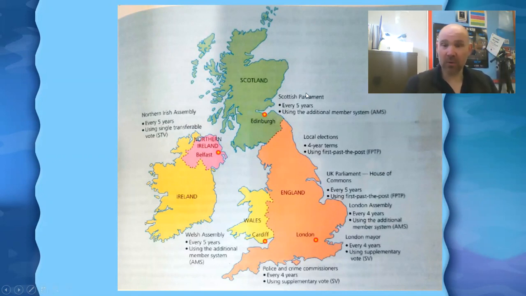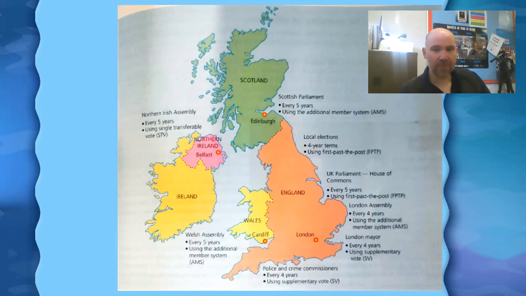The Scottish Parliament also uses AMS, and then the Northern Irish Assembly uses something completely different called STV. So let's just go around the system there. We have, I think, 4 systems used in the UK. And when we were a member of the EU and we had European elections as well, we had another system called the party list, which I want to talk to you about at some point, which is a different system as well.